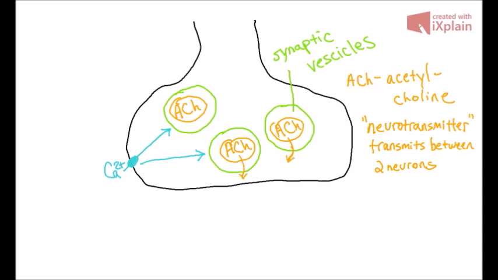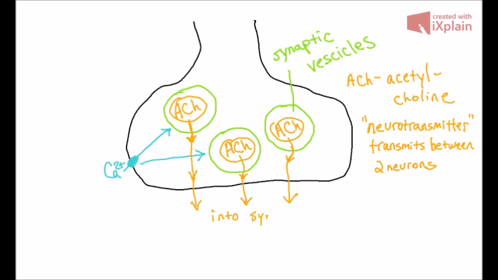It bursts these synaptic vesicles apart, kind of like cracking an egg. So you crack the egg, you crack the synaptic vesicles open, and the acetylcholine all floods out. And where does the acetylcholine go? It goes out into the synaptic cleft, that gap between the two neurons.